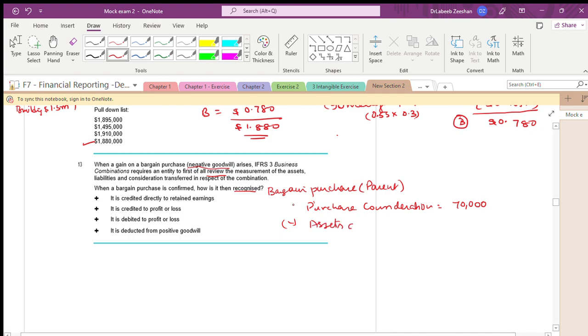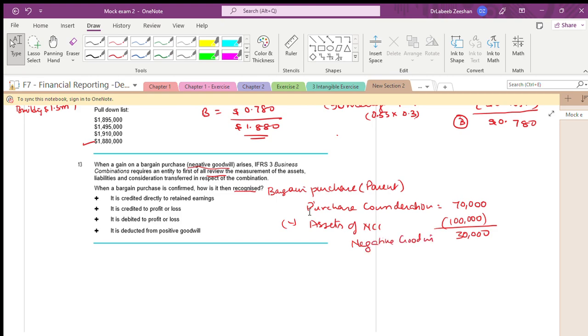How much is there? It is 100. How much are we paying? What will we get? We will get 30,000, which is nothing but a negative goodwill. Is it beneficial to the parent company or not?